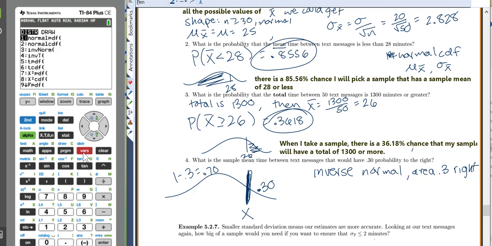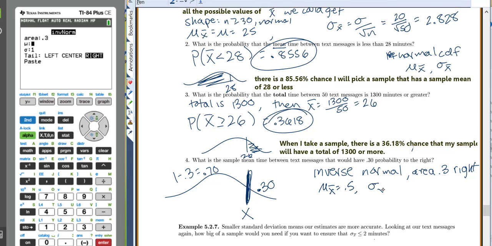So second distribution, inverse normal function. My area is 0.3. My mean is, make sure you use mu x bar, which is 0.5, and standard deviation for x bar, which is 2.828. We want our right.